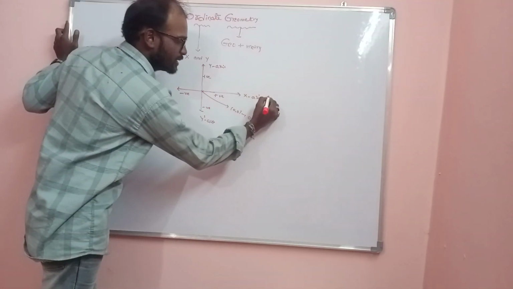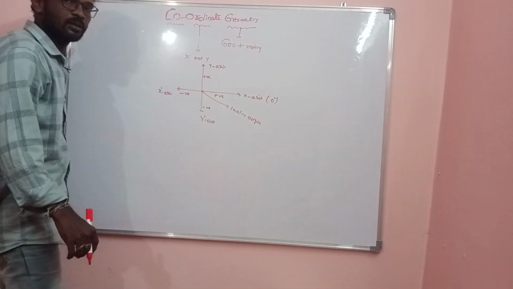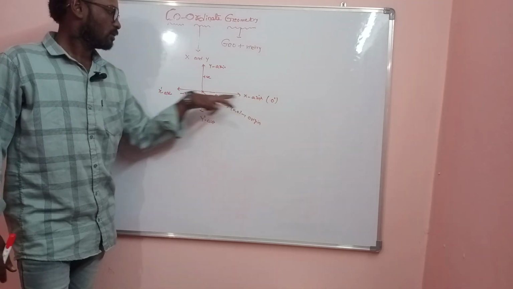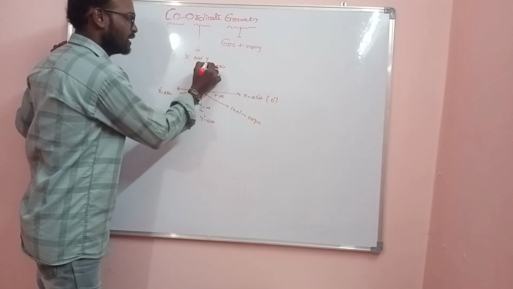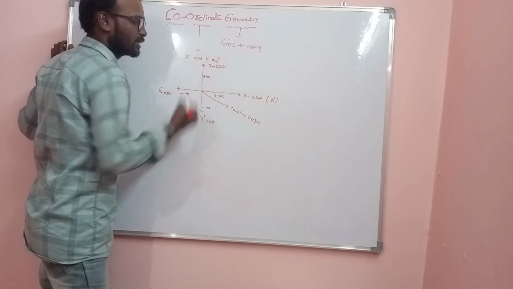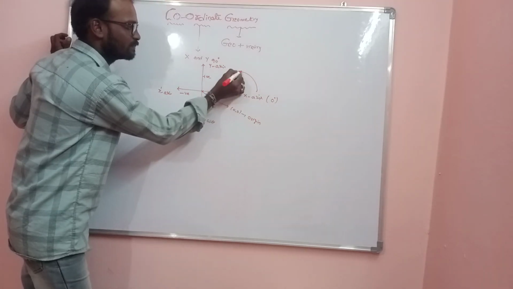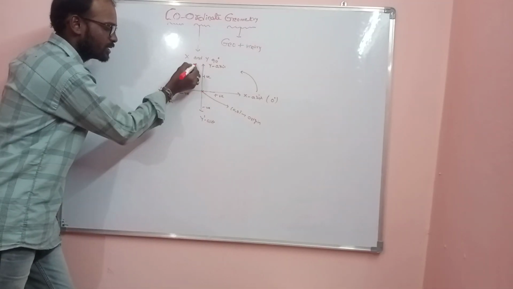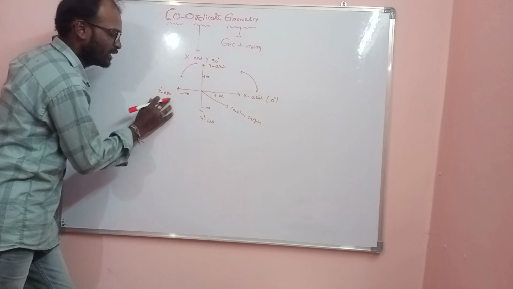Here the x-axis is taken as 0 degrees. Next, the y-axis is 90 degrees, perpendicular, in the anti-clockwise direction. Next, going anti-clockwise to the x dash axis, it is 180 degrees.